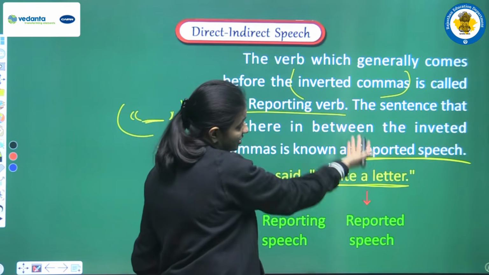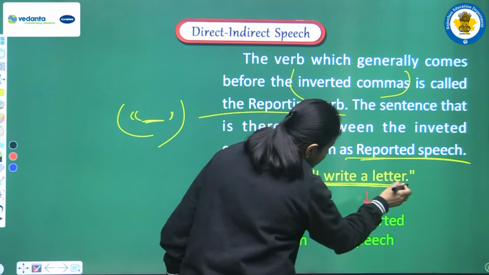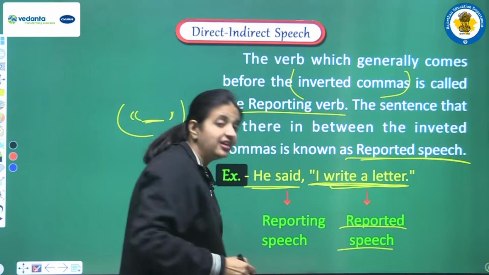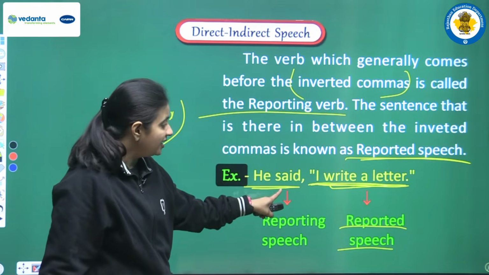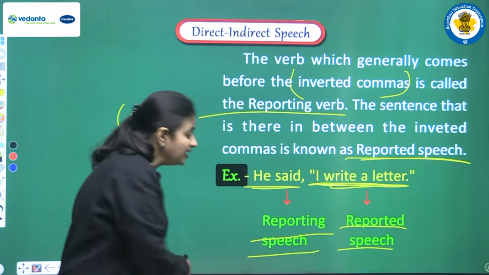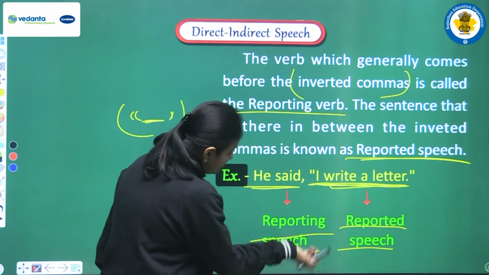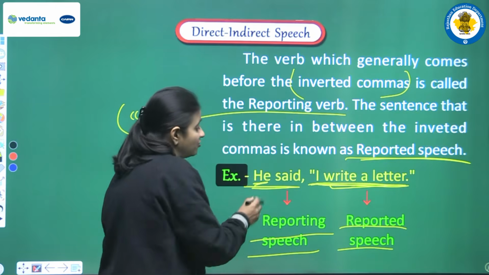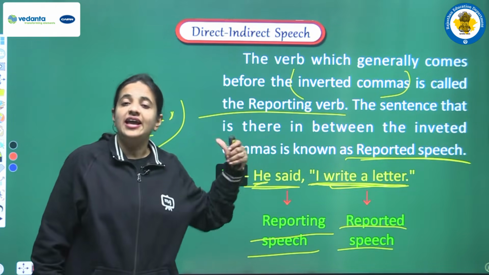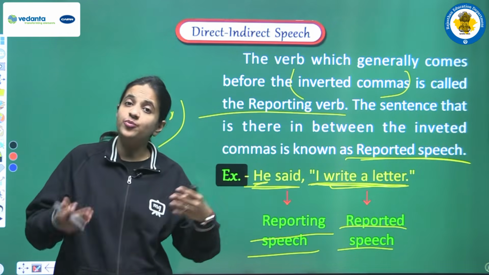Now according to what we have discussed earlier, the part that is in between the inverted commas is known as reported speech, right? And the part that is outside the inverted commas is known as reporting speech. Clear? In reporting speech we have the name of the person, we have "he" here, and one more thing I want to make clear: as the name of the person we can have a noun also, or a pronoun.